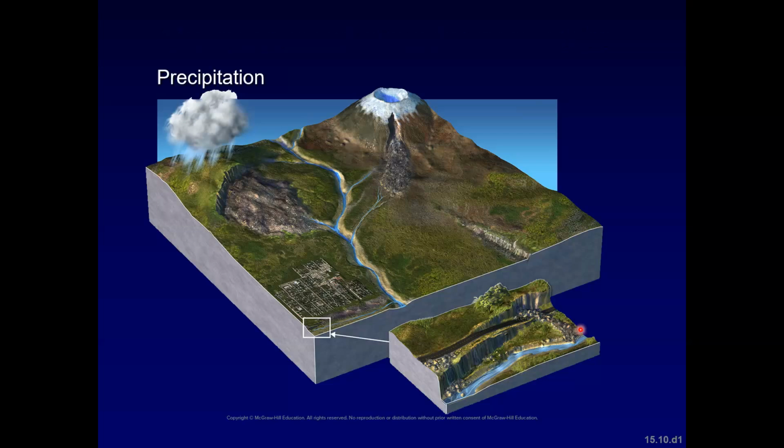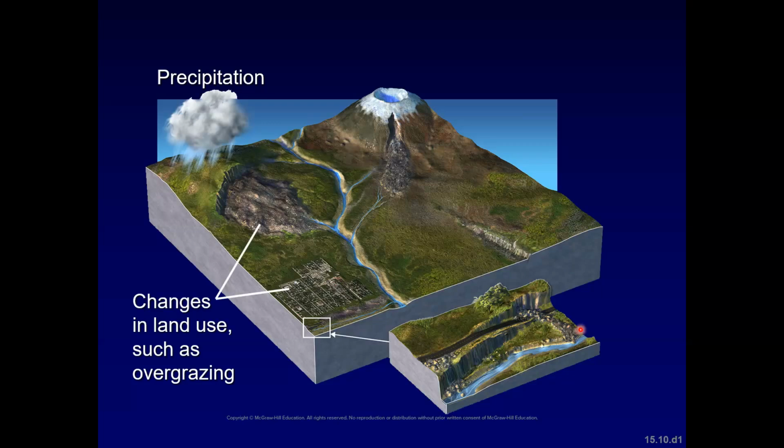All right, so we have precipitation here. If there's a change in land use, such as overgrazing, deforestation, weakening soil, or building towns on top of soil, we could have this area impacted and perhaps less stable slopes. Like if you overload material here, that could change and overload the slope.